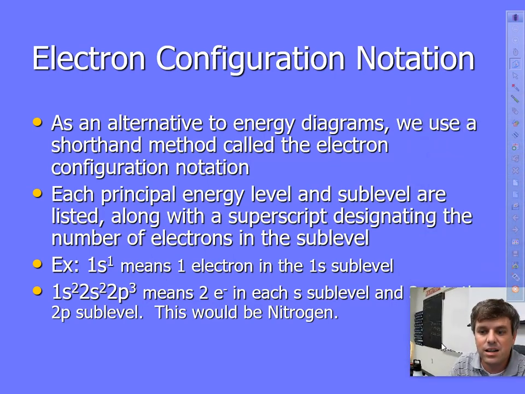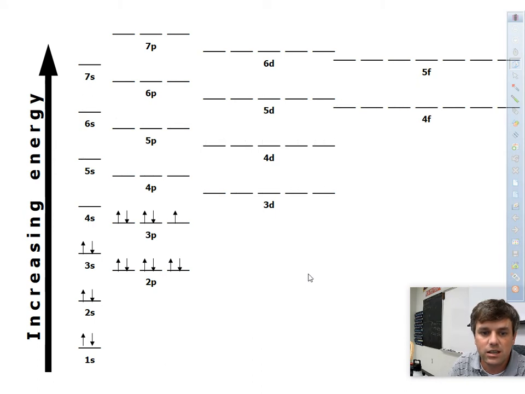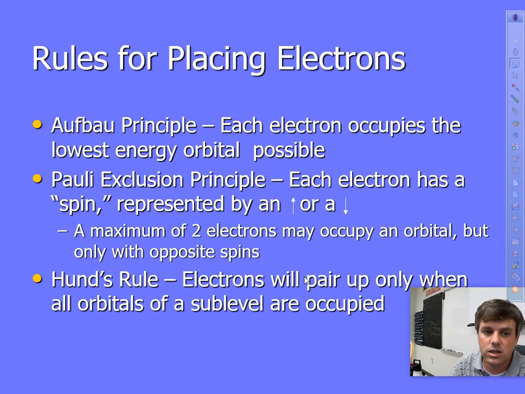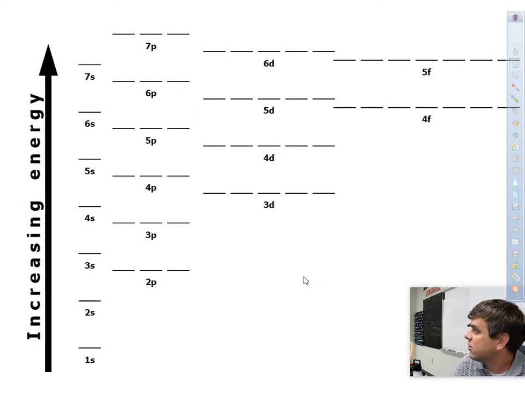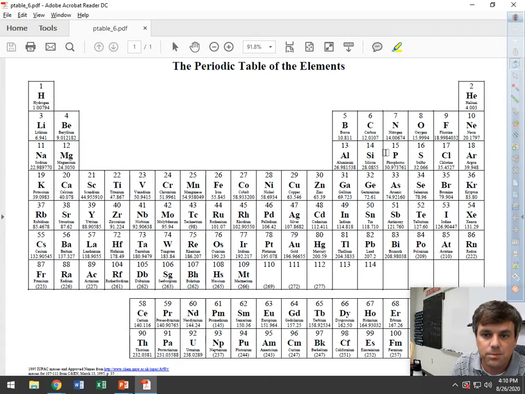So if we go back to the orbital diagrams, let's say we're going to do an electron configuration for phosphorus, which is element number 15 on the periodic table. It's this one right here.